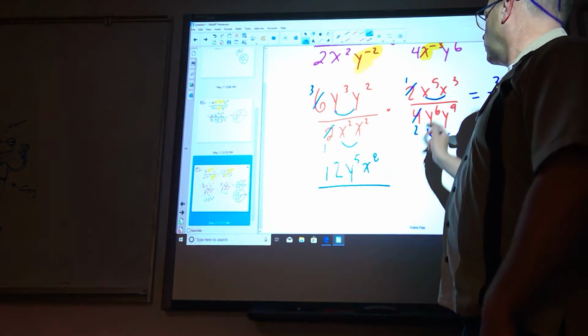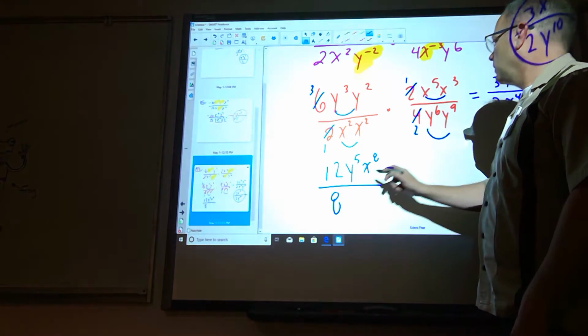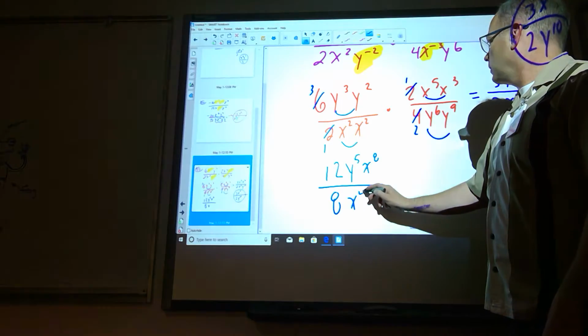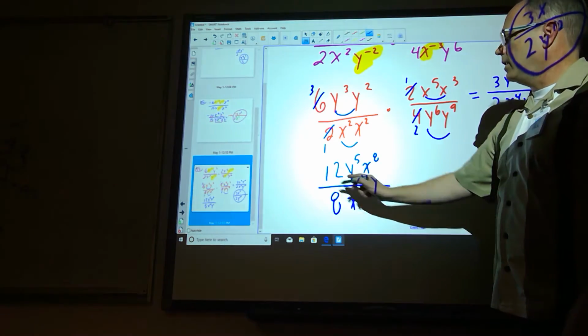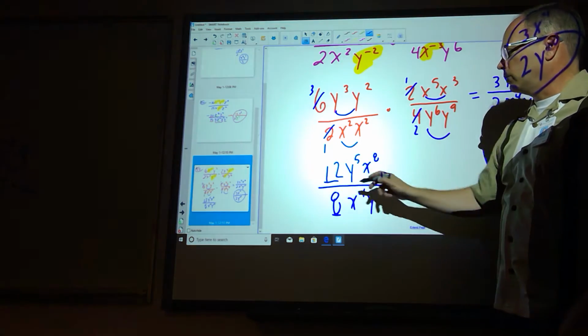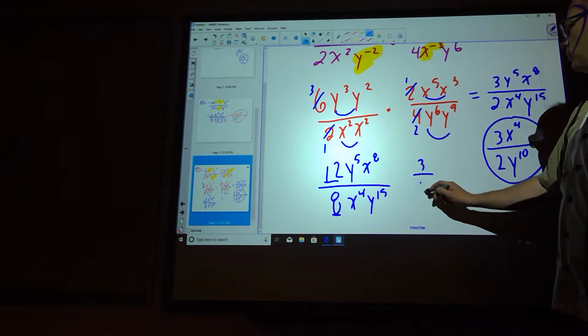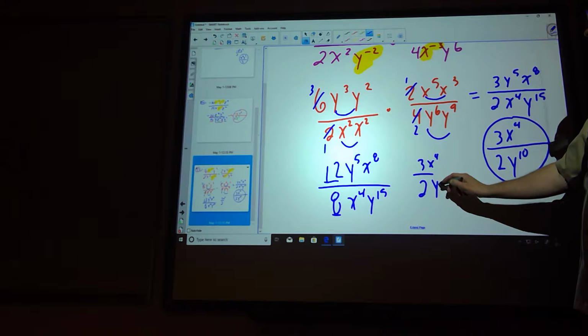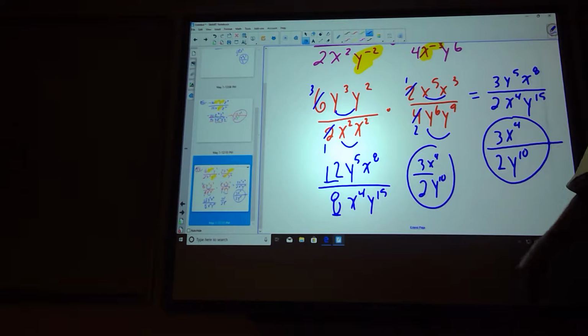And if I multiply 2 and 4, I'd get 8. Okay, and then I get x to the fourth, y to the 15th. And then you'd have to reduce that. So 4 goes into both. So 3 over 2, and everything else is the same. So it works as well. There's not a more correct way to do it. It's just based on preference. I guess if you were to talk about really big numbers, it'd be nice if you could reduce to smaller originally, but it'll get there.